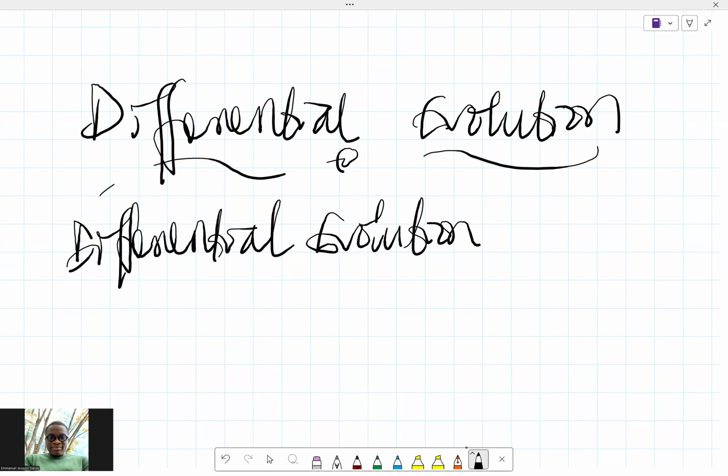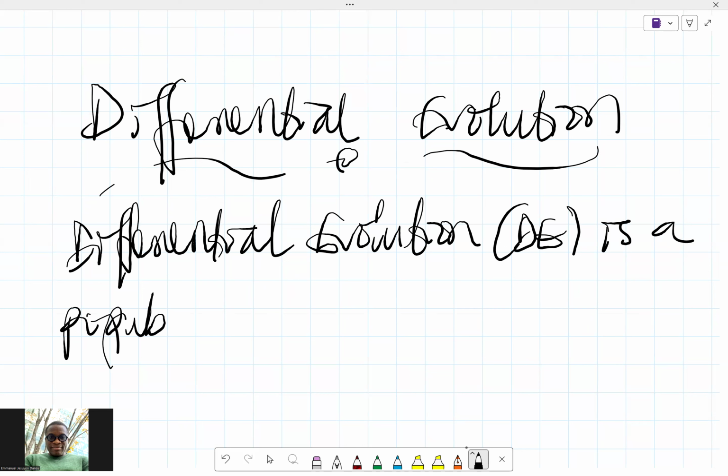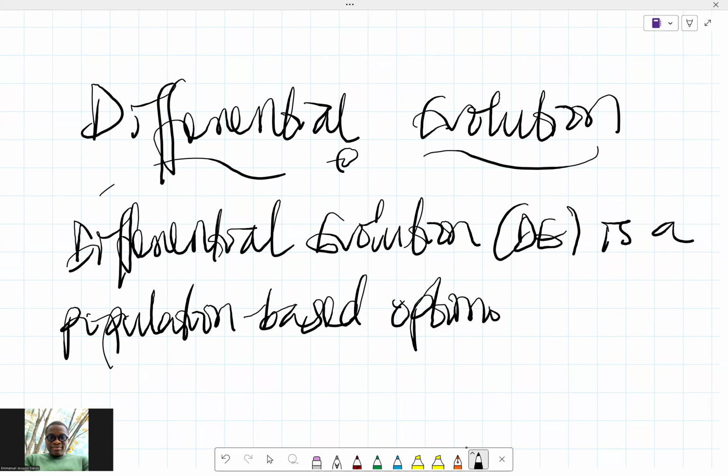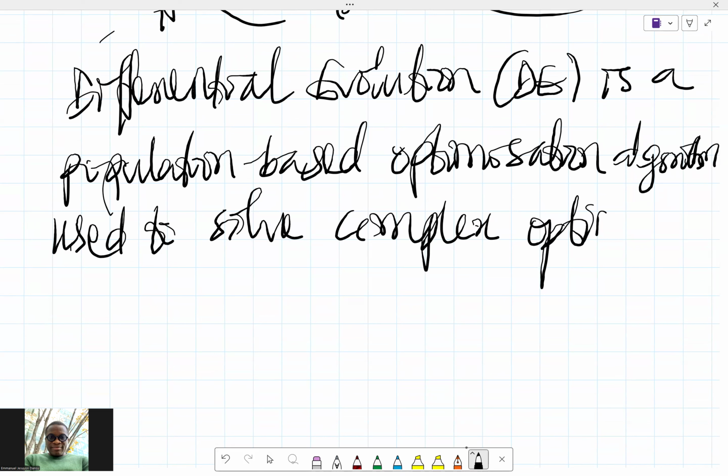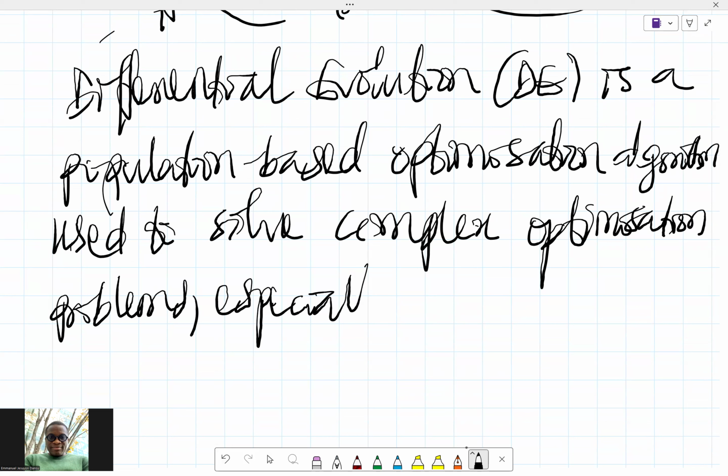Differential evolution, which I'll now just refer to as DE, is a population-based optimization algorithm used to solve complex optimization problems, especially in nonlinear programming.